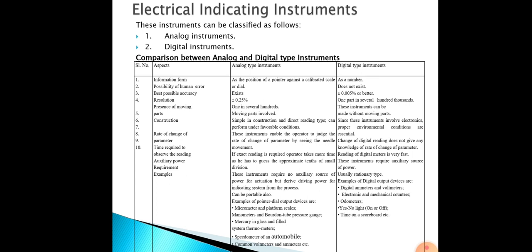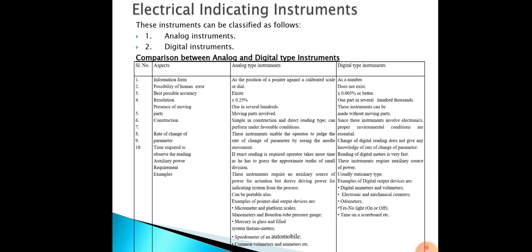Next, rate of change of parameter: analog instruments enable the operator to judge the rate of change of the parameter. A change of digital reading does not give any knowledge of the rate of change. Then time required: if an exact reading is required, the operator takes more time.